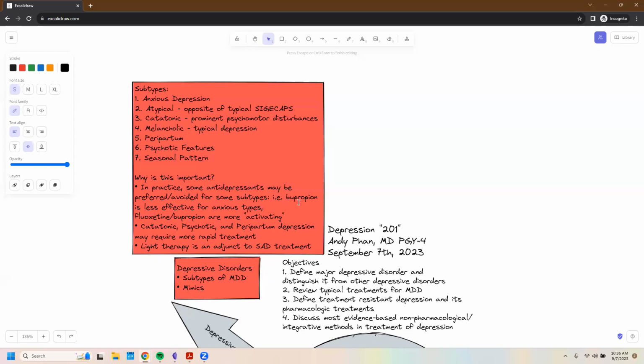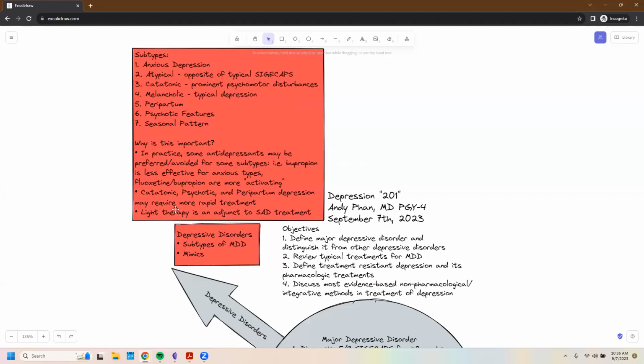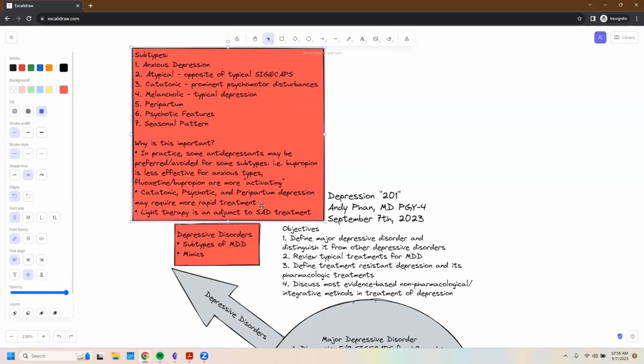Whereas with the more typical depression, some people will say they're having insomnia, they can't go to sleep very well, they're having a lot of racing thoughts, a lot of rumination, a lot of guilt, then people will sometimes trend towards a sertraline, which is supposedly more sedating, but in all actuality, your mileage may vary. Identifying catatonic, psychotic, peripartum depression may require more rapid treatment.